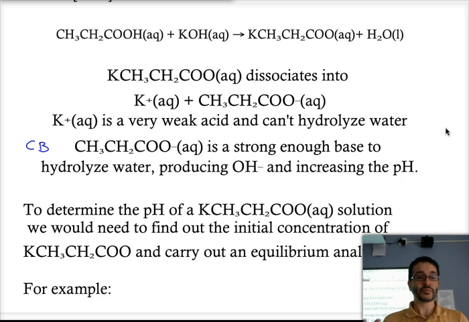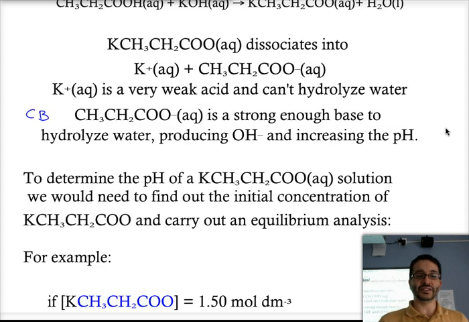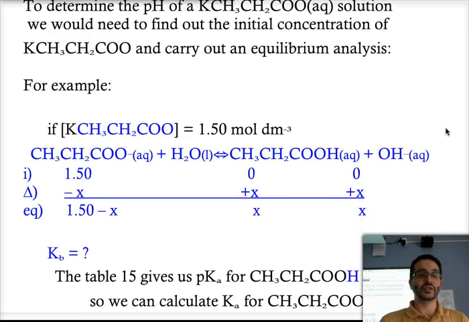All right? Now, how do we do this? If we know the concentration that we end up with of the potassium propanoate, we can find out our pH, again doing equilibrium analysis. So let's take that into consideration again.